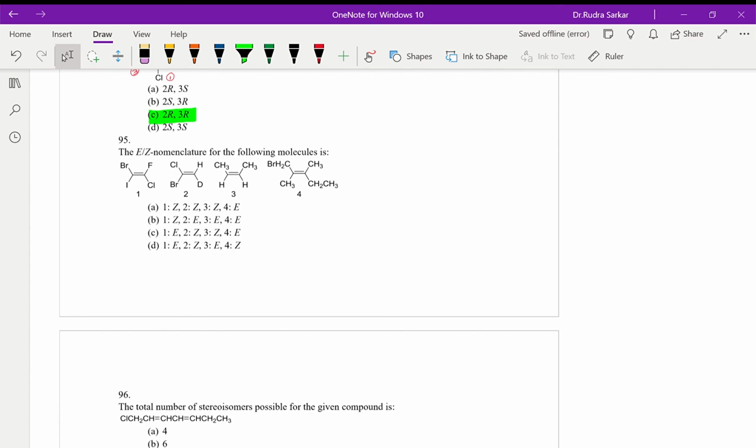Next, we have been given to find out the E-Z nomenclature for the following molecules. So the idea over here is what?